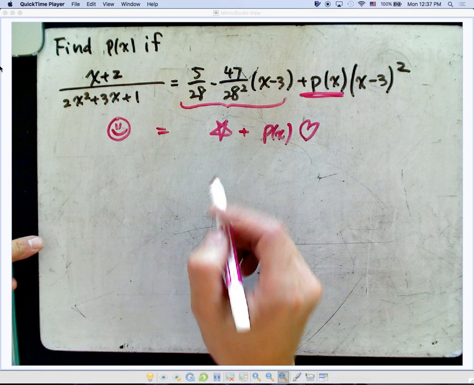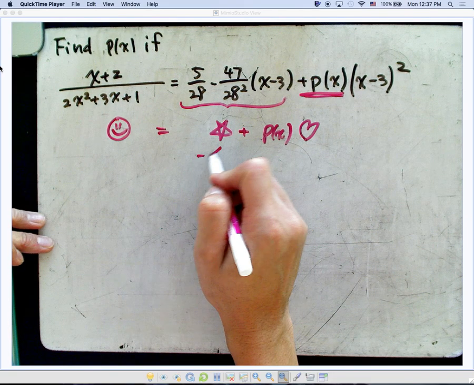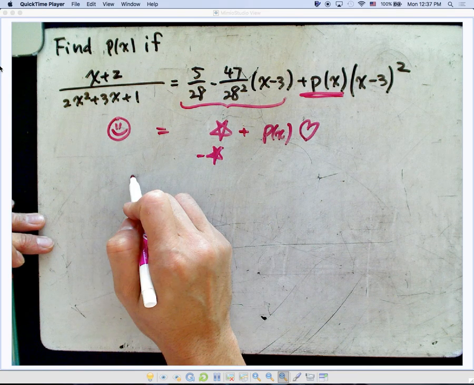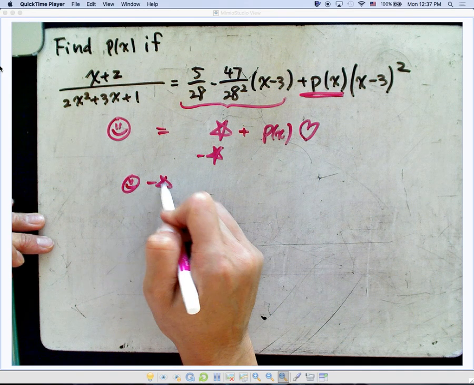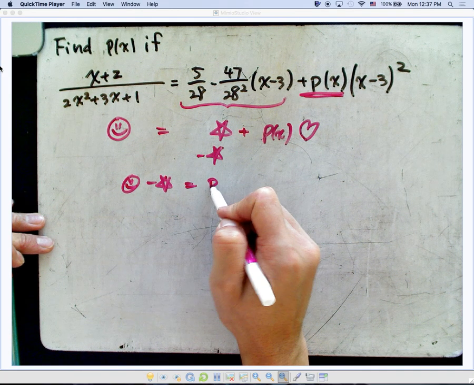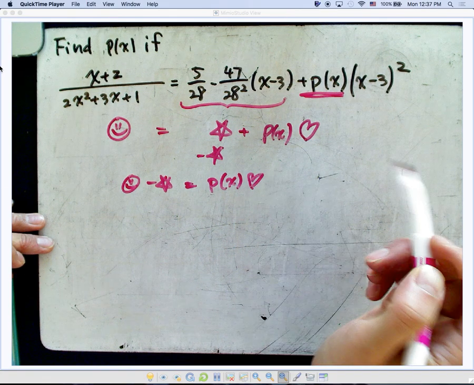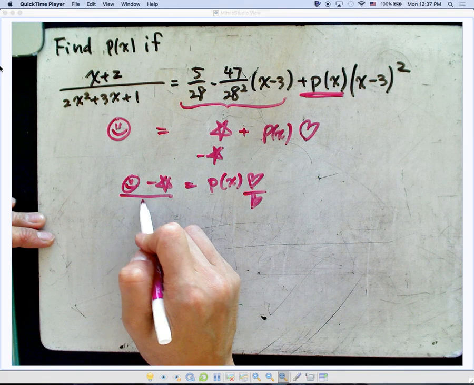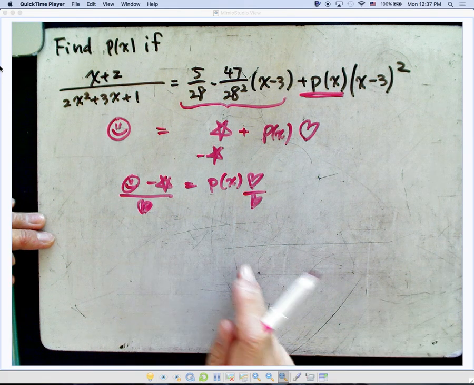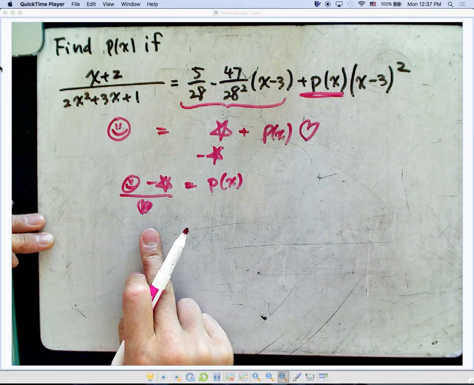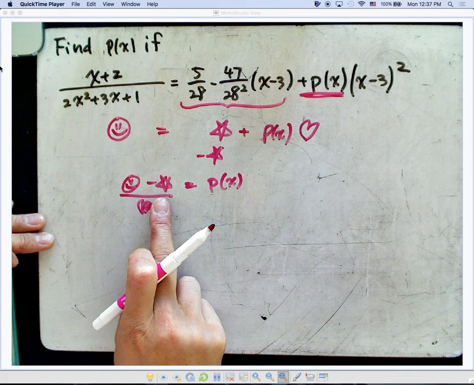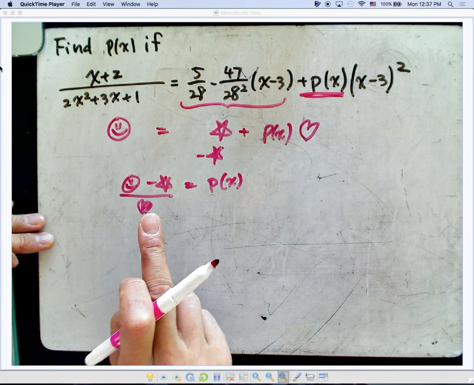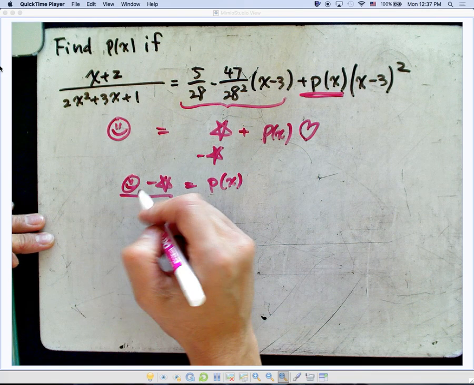We subtract the star, so we have smiley minus star equals p of x times heart. Then we divide both sides by the heart, so p of x equals smiley minus star, all divided by the heart.